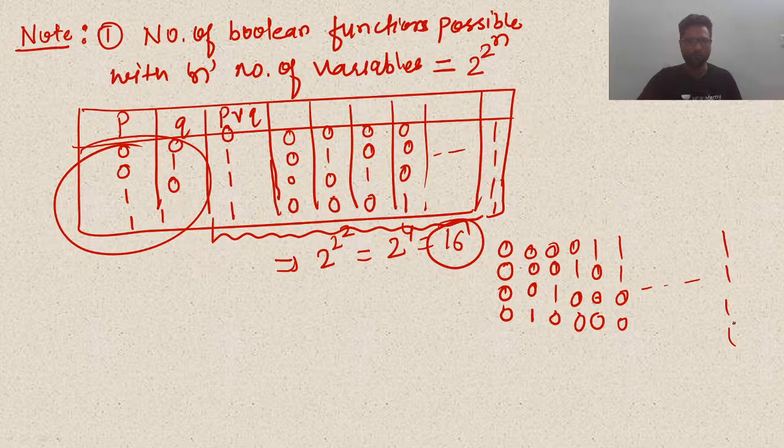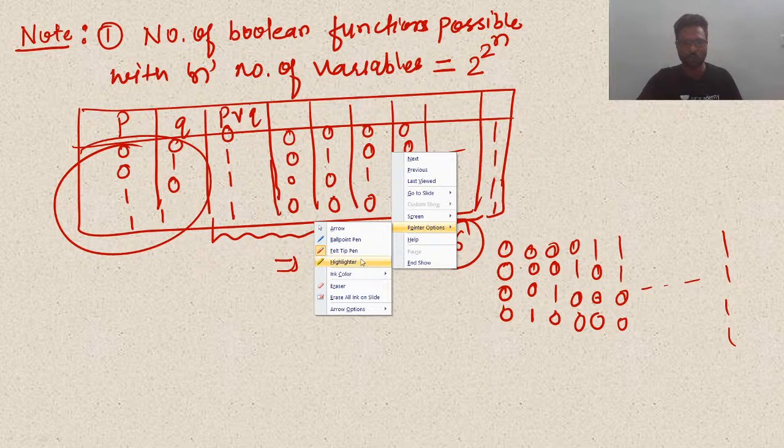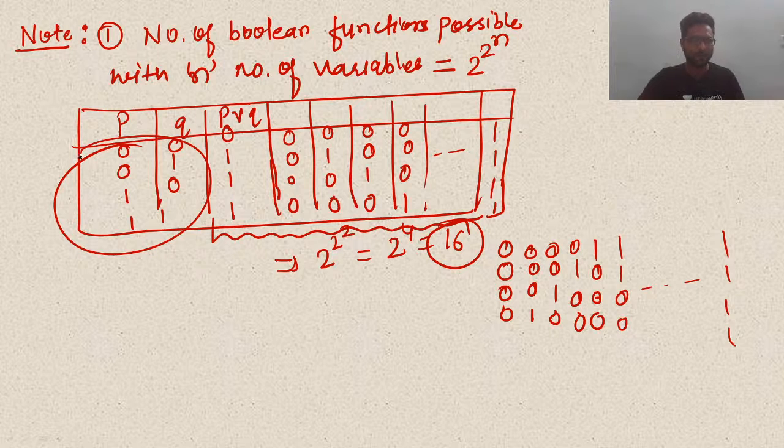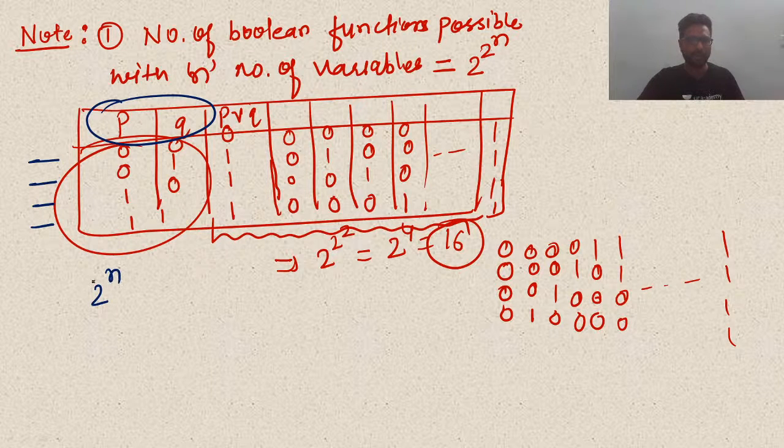So we can conclude why this formula is like that: 2 raised to power 2 raised to power n. We can apply simple permutation combination. If two variables are there, then there will be 4 rows. That means 2 raised to power n rows will be there, and each position has two possibilities, either a 0 or 1.